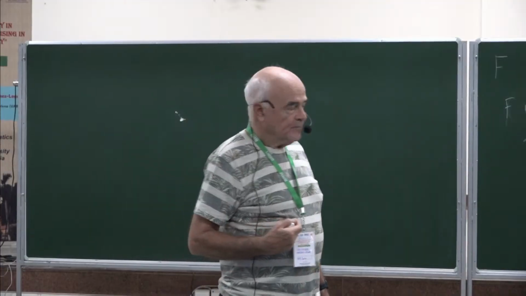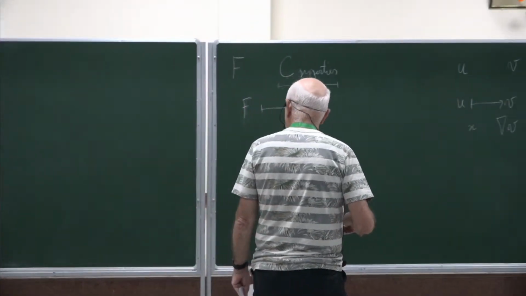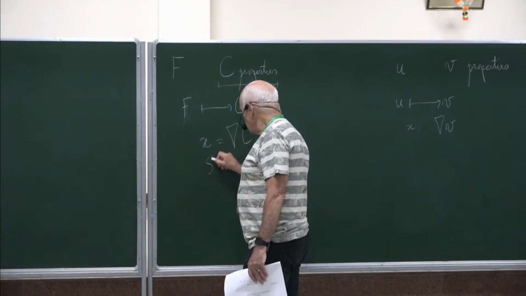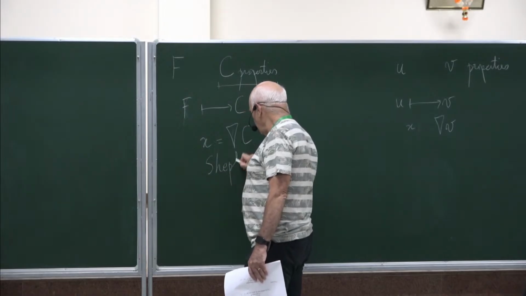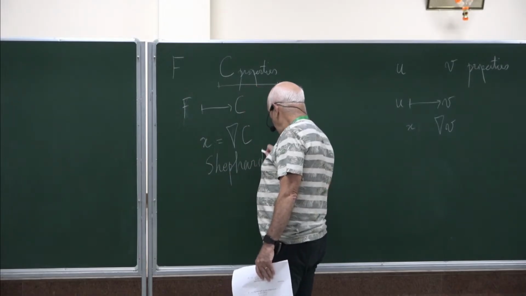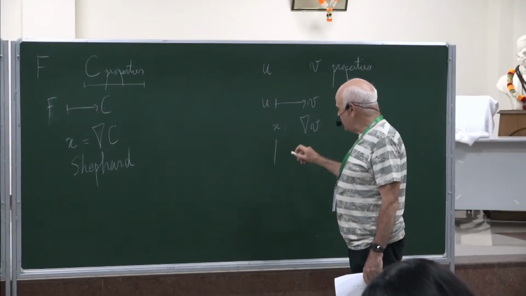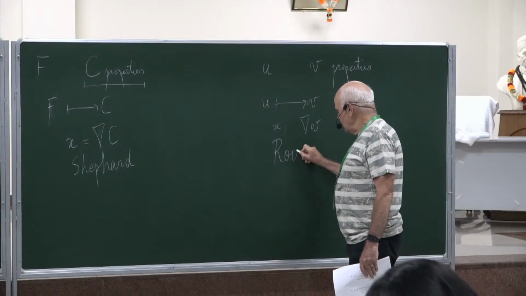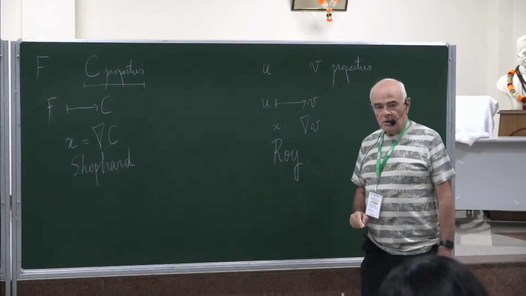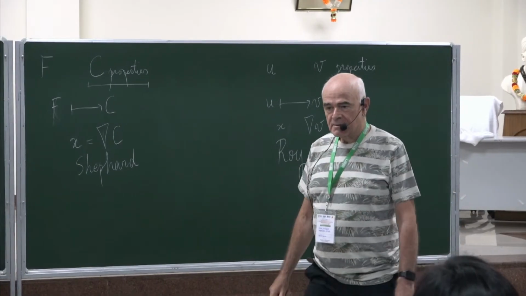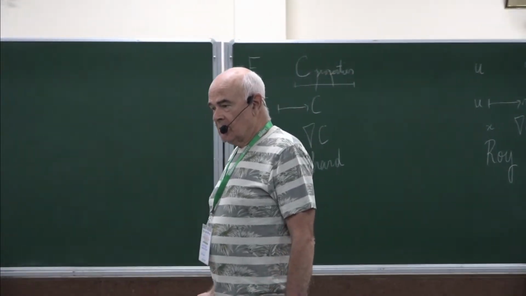Okay? In that case, this was called Shepard's lemma. In this case, what I'm going to prove next, economists call it Roy identity, because they are American.